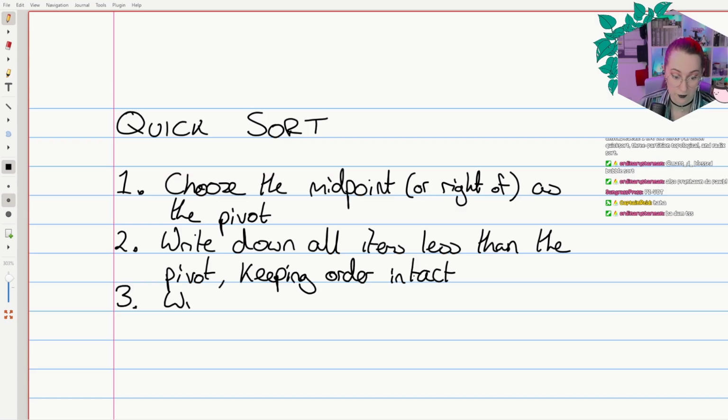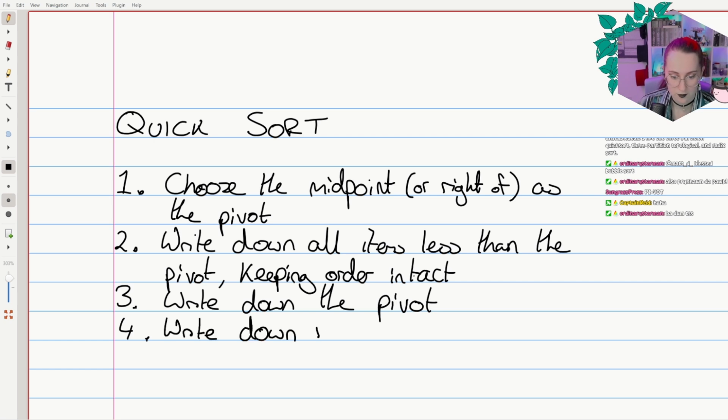Step 3, write down the pivot. Step 4, write down remaining items in order.